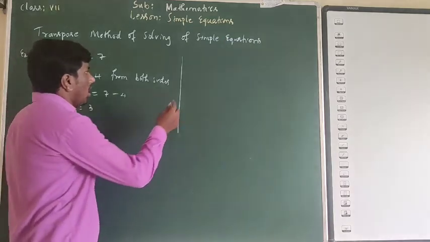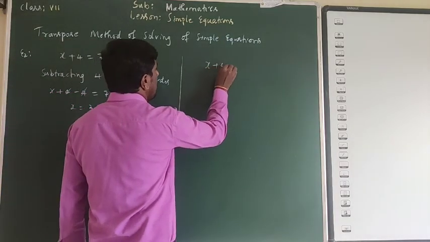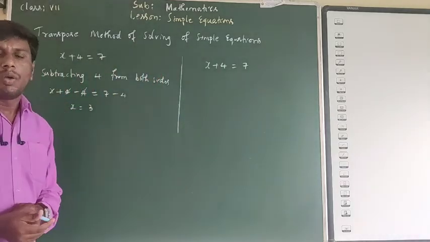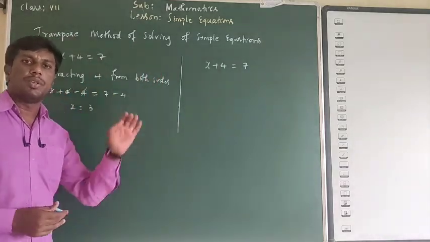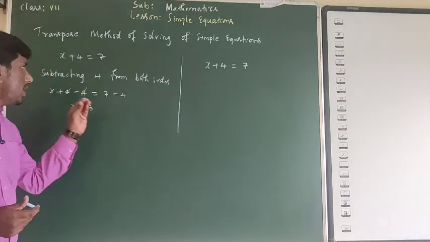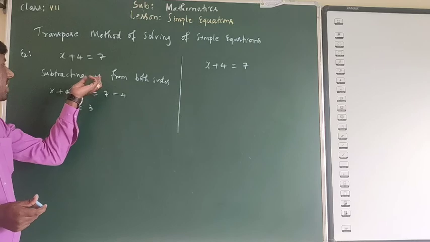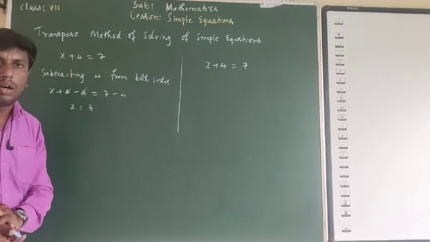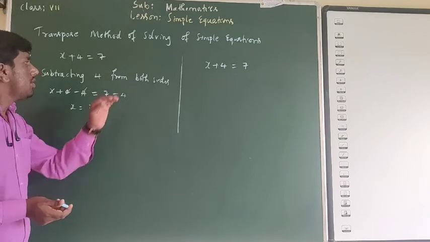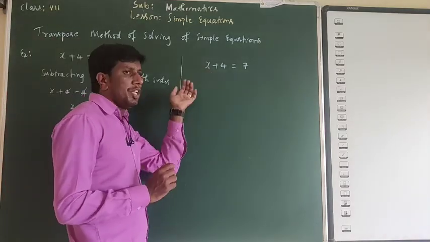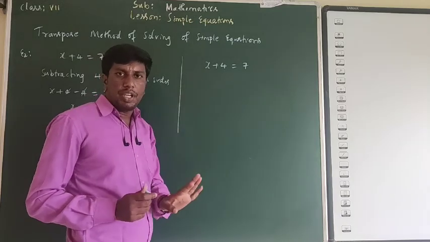Now I will solve the same equation by transposing the value from one side to the other side, right? That is the same as subtracting or adding some value to both sides of the equation. I have a variable, and ultimately on the LHS I should have only the variable.